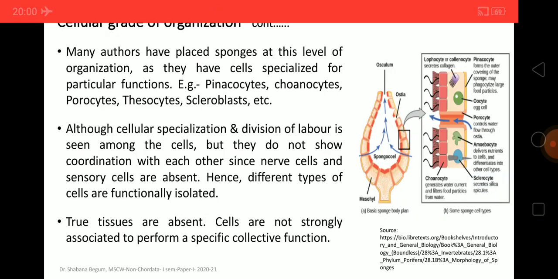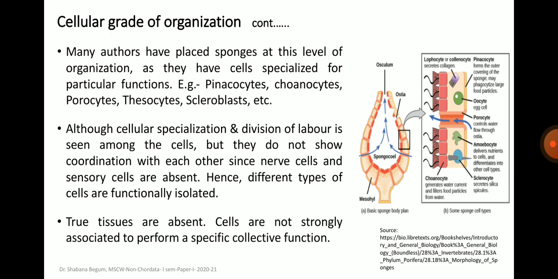Many authors have placed sponges at this level of organization as they have cells specialized for particular functions. For example, there are cells called pinacocytes, choanocytes, porocytes, thesocytes, scleroblasts, then amoebocytes, archaeocytes, etc. The pinacocytes form the outer covering of the sponge, and they may also phagocytize large food particles.